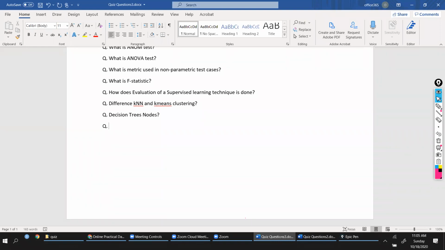Decision trees, or I should say types of decision trees. What are the types of decision trees? There are 2 types of decision trees.